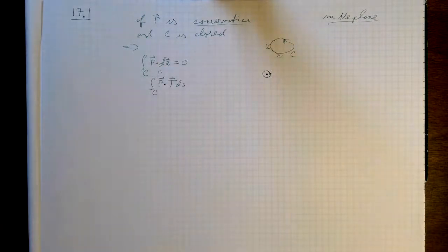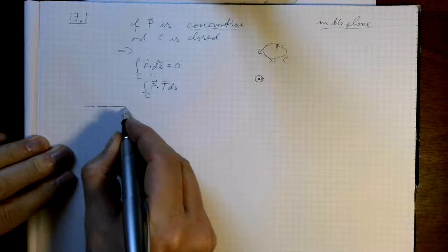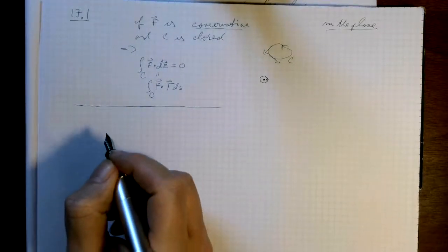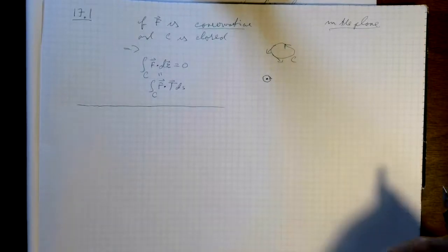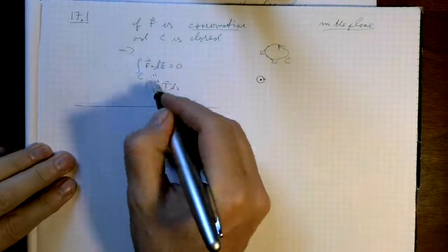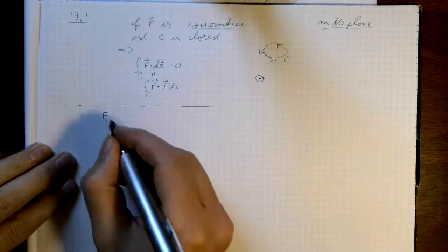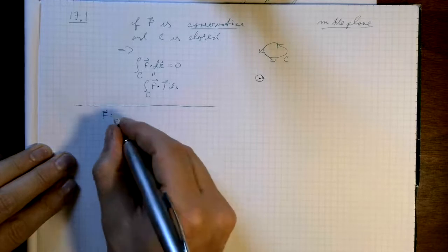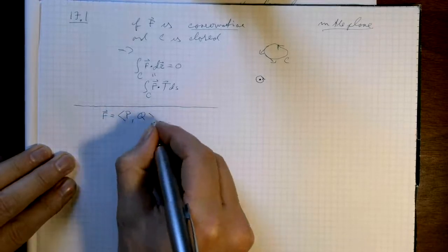Okay, so that's conservative vector fields. Now, what does it have to do with Green's theorem? Green's theorem, in some sense, tells us what happens for all vector fields, including conservative vector fields. For any vector field whatsoever, we want to compute this integral. So let's write it down in a more typical notation for Green.